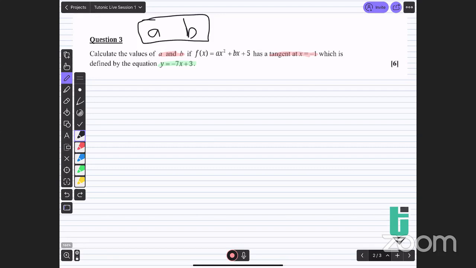Yeah, you guys are sort of there. The graph touches the tangent at that point, so they share the same point, right? And that point is at -1. So even though you don't know the y value of the graph, you could just sub -1 into the tangent equation, because they have the same y value at -1.